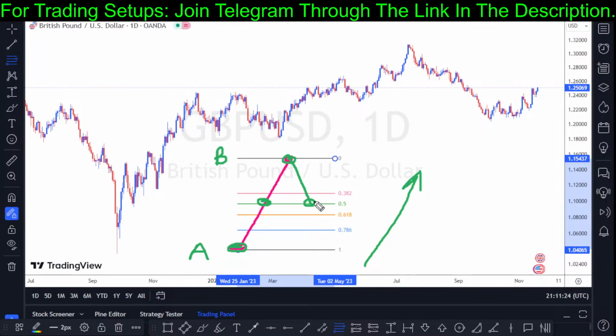Right, Kingsley? So if price moves from point A to point B by 100 pips, and the price makes a retracement to 0.5, then it means price is currently trading at the 50 pips level.